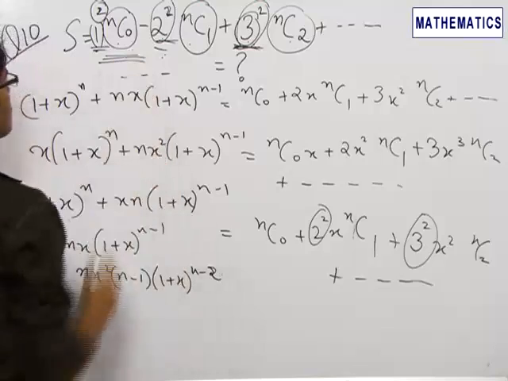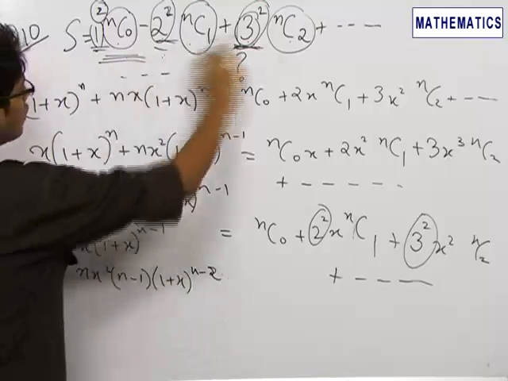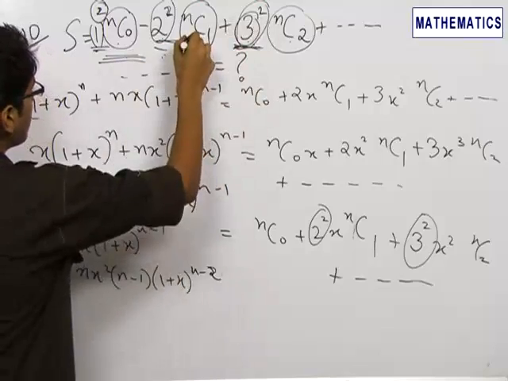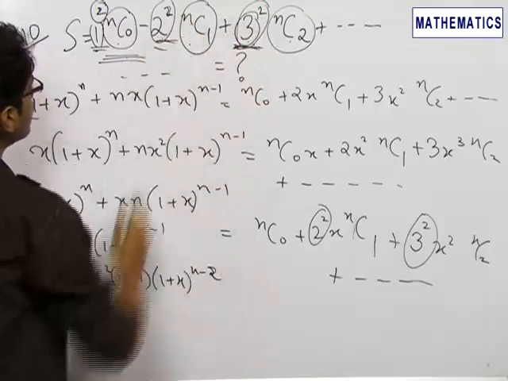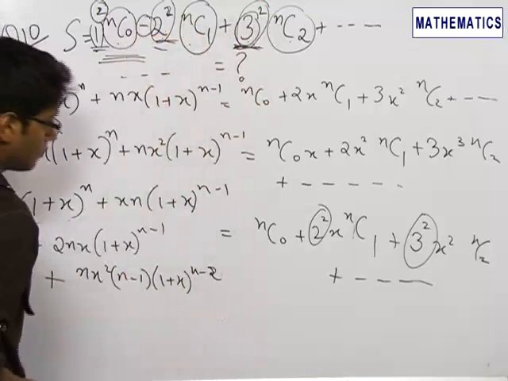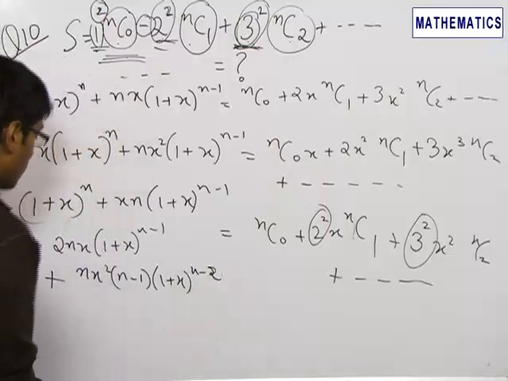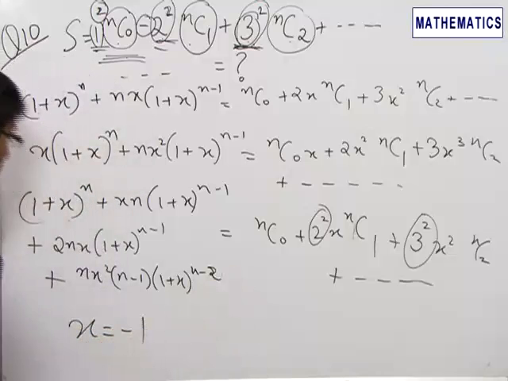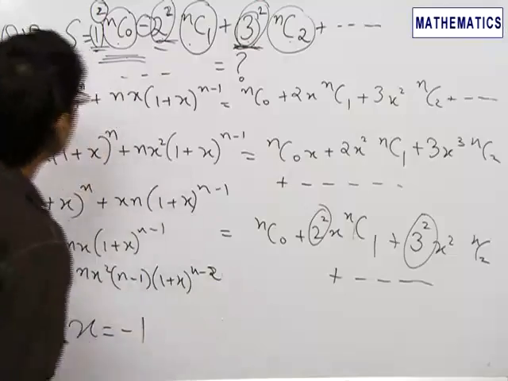Now in the given expression which we required to prove, there was no term of x, and the sign in front of 2 square into nC1 was a negative sign. So if we put x equals minus 1, we can get the desired result.